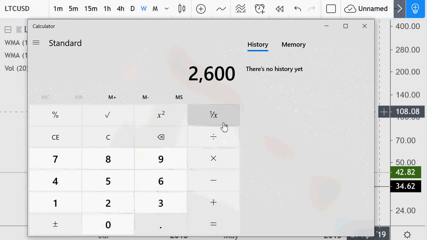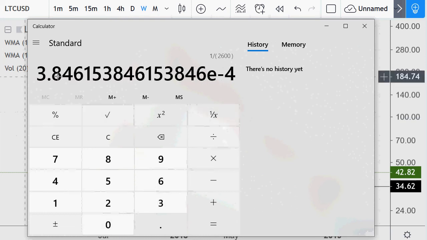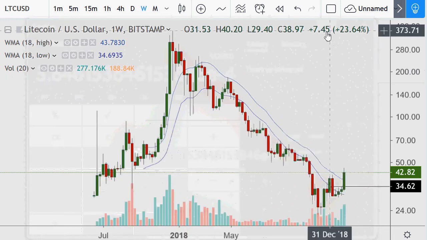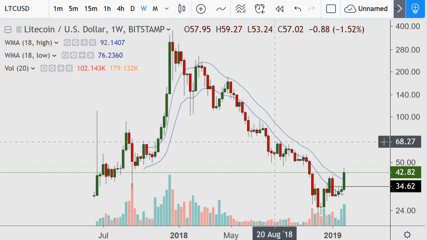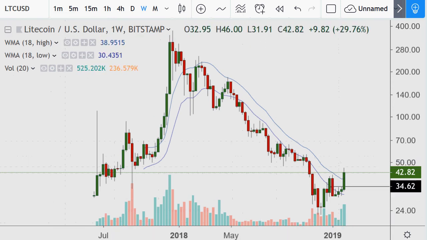So I'll go 2,600, 1x that. So around 38,000 or so is where I want to put a sell order in for TUSD. I've increased my TUSD portfolio just a small amount by doing such. But that really is the plan moving forward.